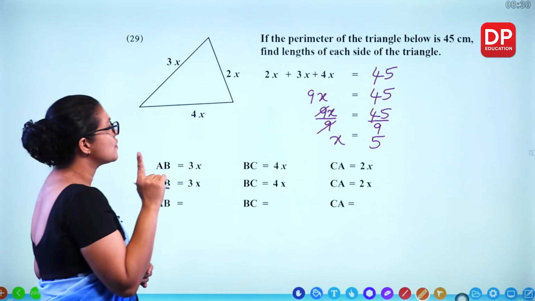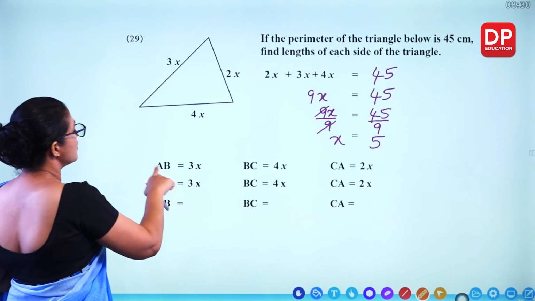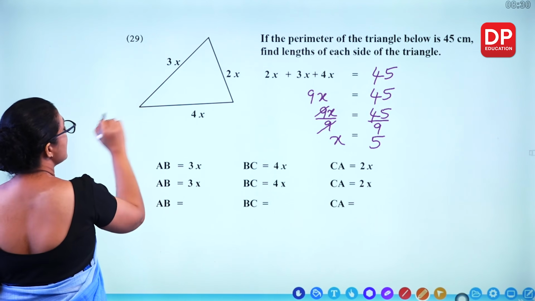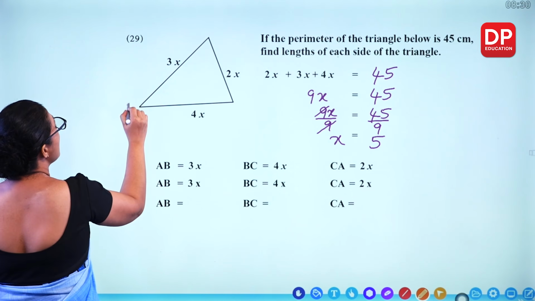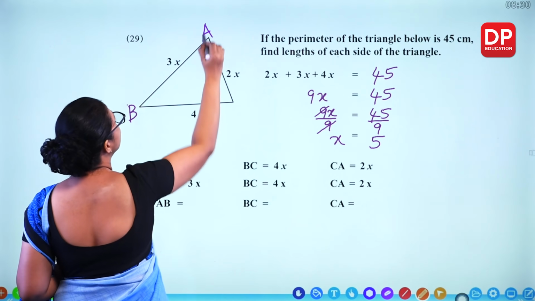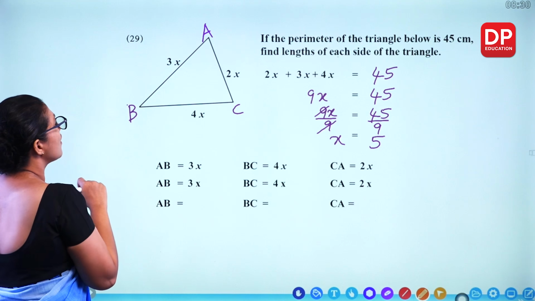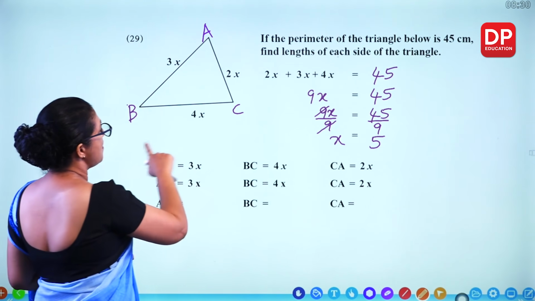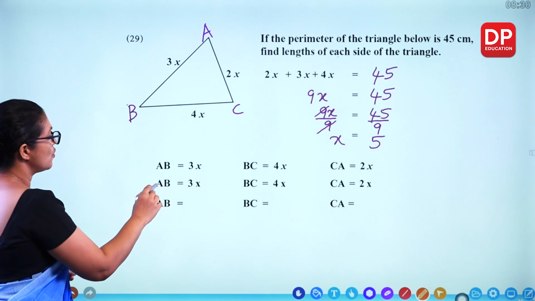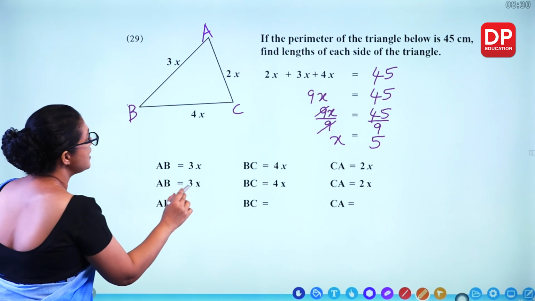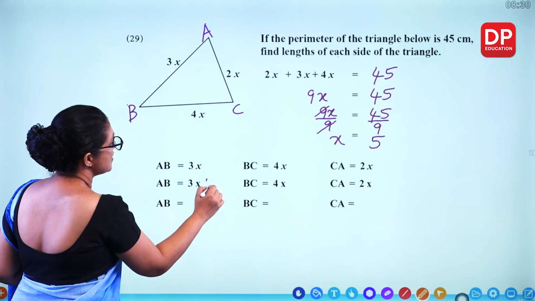If x equals 5, what's this one? So, we'll take this one as ABC triangle. So, AB is 3x, BC is 4x and CA 2x. So, AB is 3 times x. x is 5.